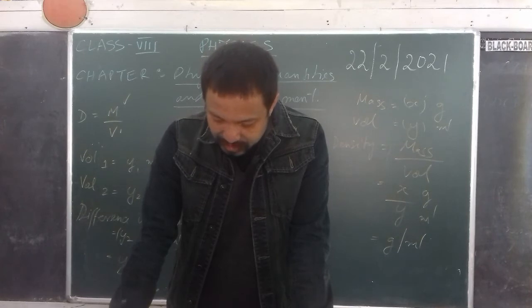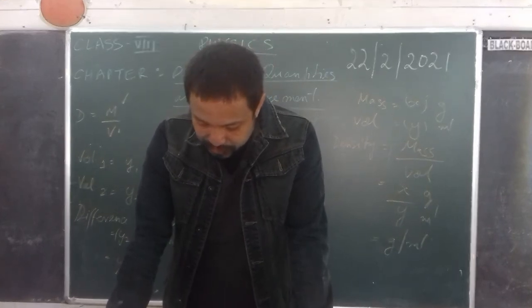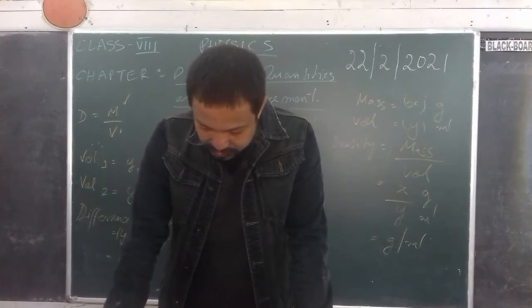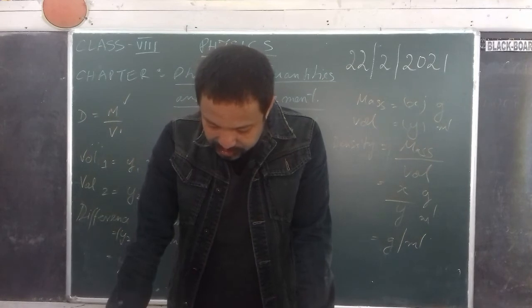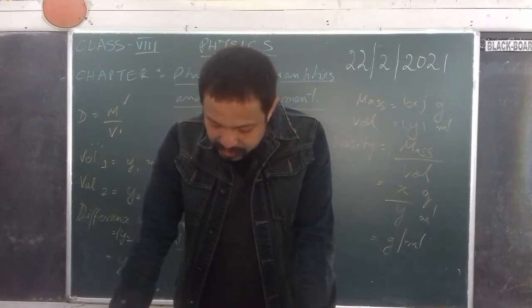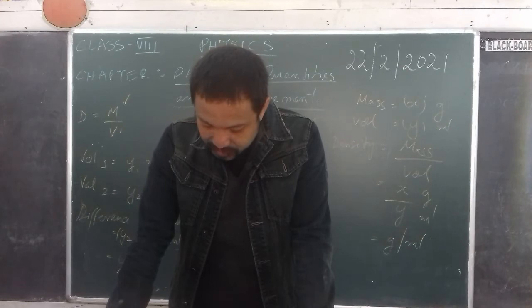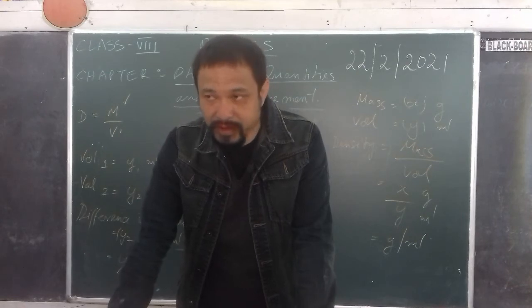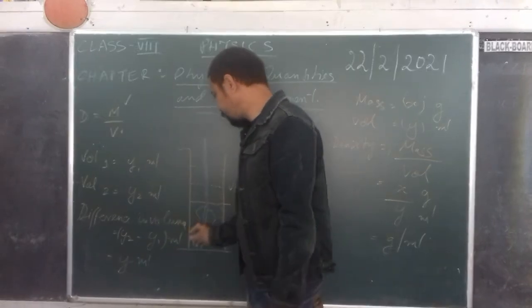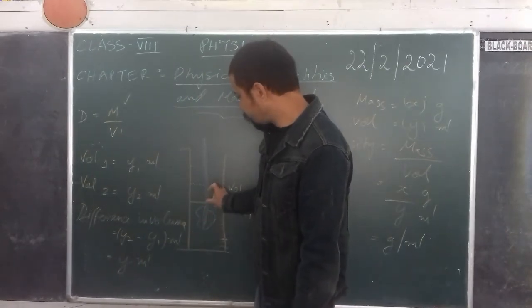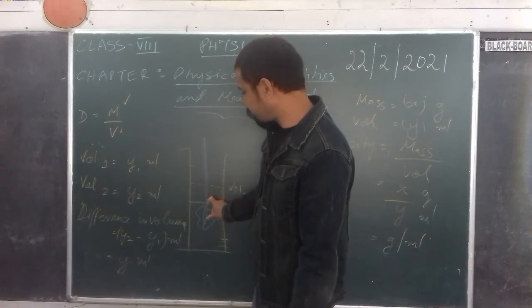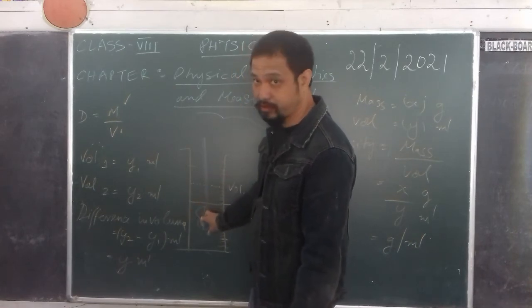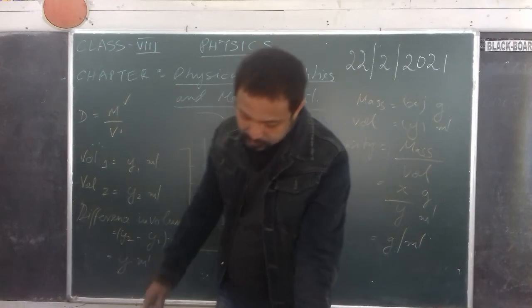It is a container with a spout below the top of the container. It is named so after the legend of Archimedes, when he apparently stepped into the public bath and realized that the volume of water that spilled over was equal to the volume of the part of him that was in the water. So this is what is also happening. Whenever we put the stone, the volume of water that is displaced is the volume that the stone occupies.